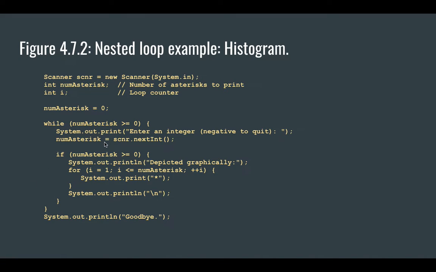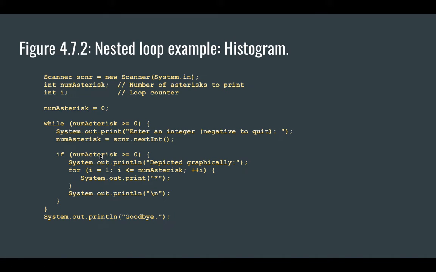and this is a histogram. It's going to take the next int and say the number of asterisks that are applied. If the number of asterisks is greater than or equal to 0, system out print line depicted graphically.